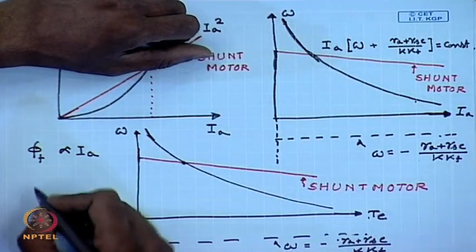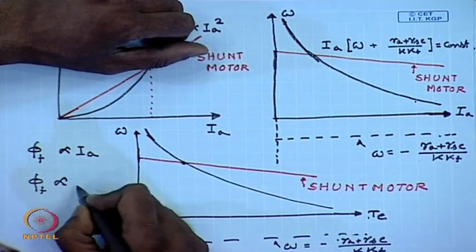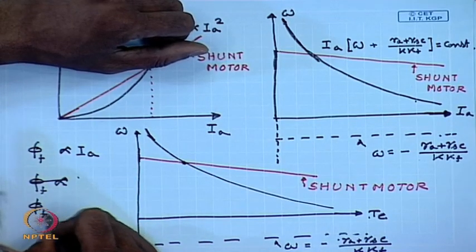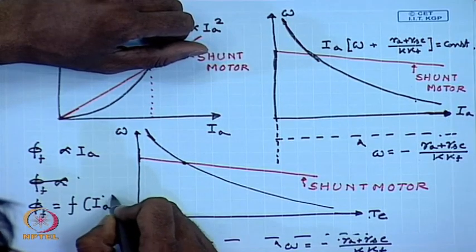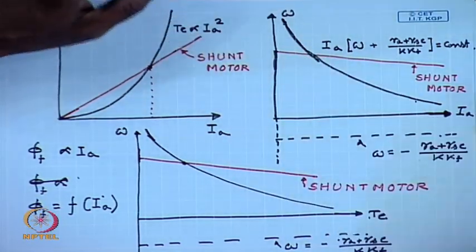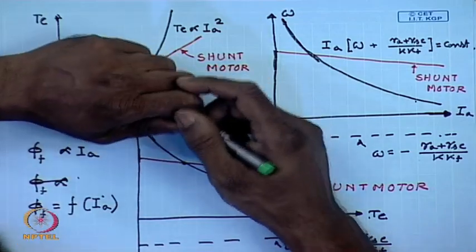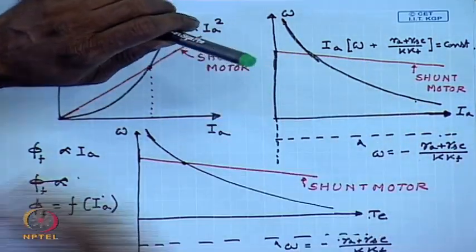So, normally phi f will be a nonlinear function of I A and will tend to saturate for larger values of I A. If we take saturation into account, then these characteristics get modified to some extent.